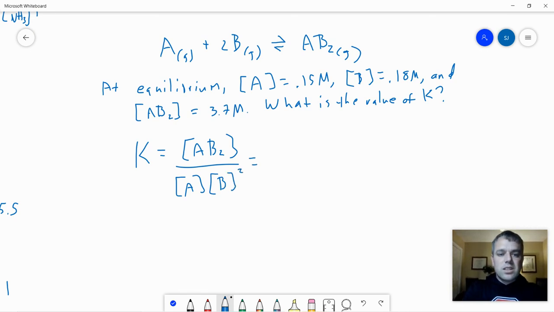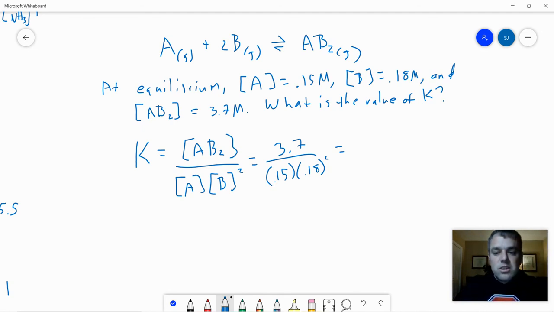And so that's going to equal 3.7 divided by 0.15 times 0.18 squared. If we put this into a calculator, that equals 761. Now let's see, does this make sense?